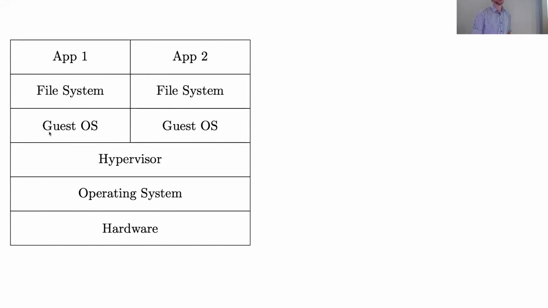This guest OS is whatever operating system you happen to install on your virtual machine. This is the file system of that virtual machine, and this is your application. So we're going to say both of these virtual machines are Ubuntu, just for consistency, which means the guest OS and the file system are very likely to be identical. But because virtual machines offer us a little bit more isolation than Docker files, they're not going to get reused.